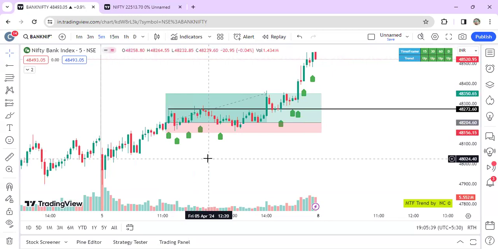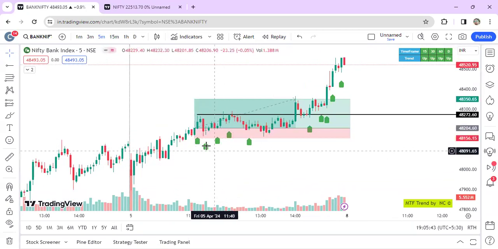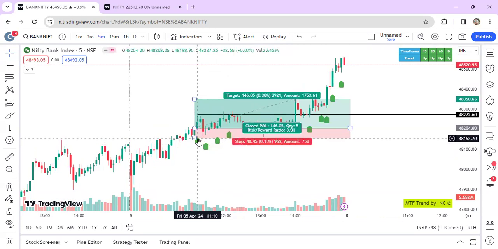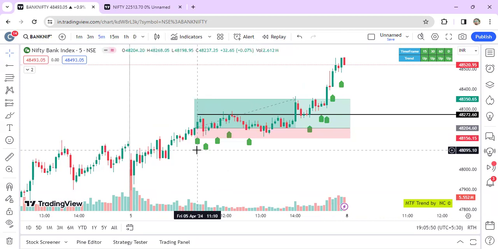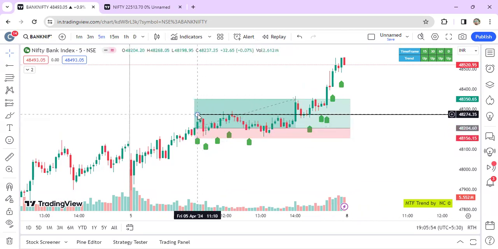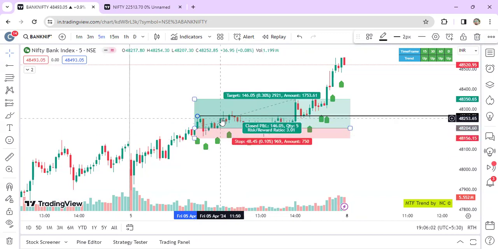Okay, so let's take this example and see how much we are getting for last day's trading session. We can see at around 11:10 we got a buy signal. So we wait for the high to be breached. The high is breached at 11:55, and as it breaches, we enter.